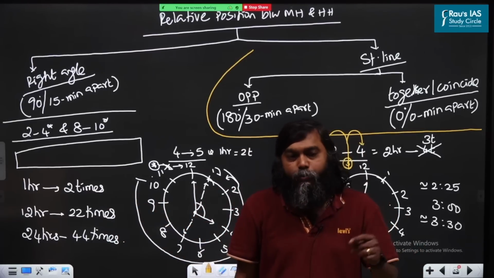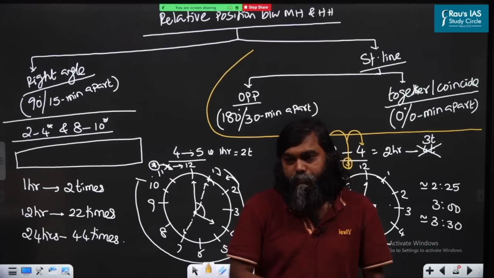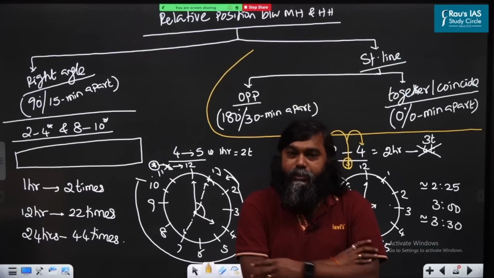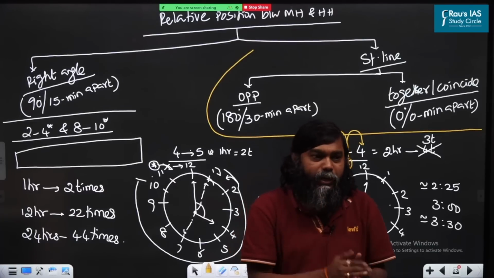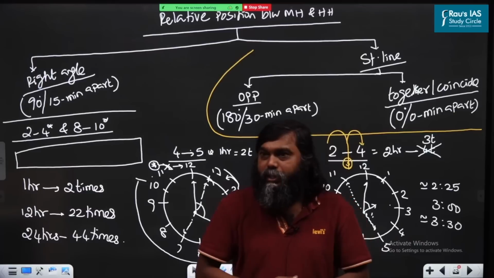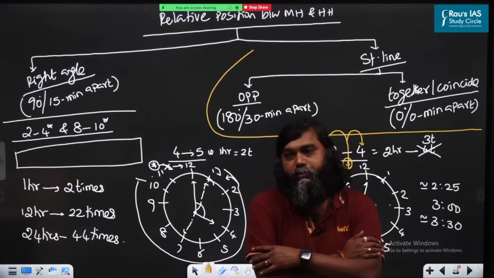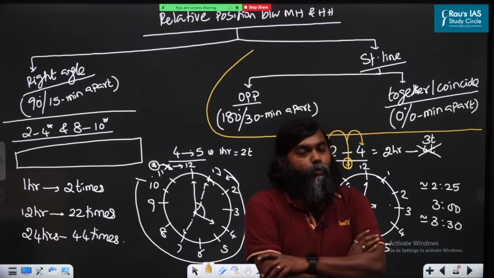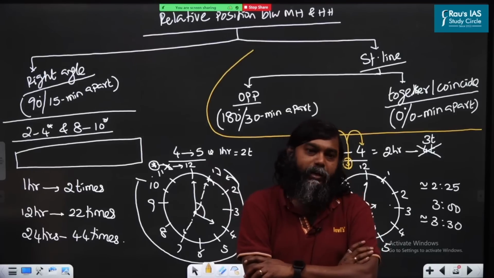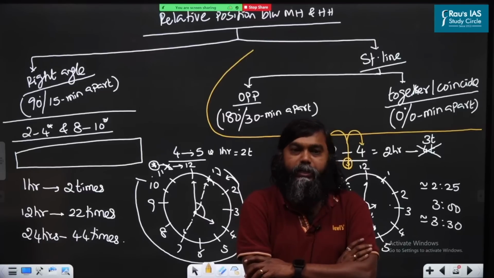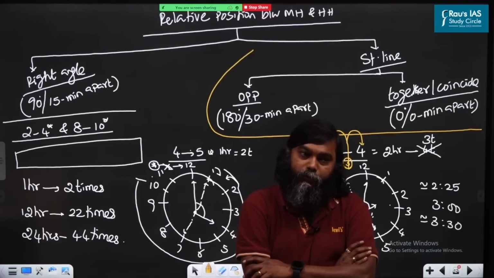In 1 day, how many times are the minute hand and hour hand 360 degrees? 360 degrees is synonymous with 0 degrees, that means 22 times. In 1 day, how many times are they 180 degrees? 90 degrees? 45 degrees?